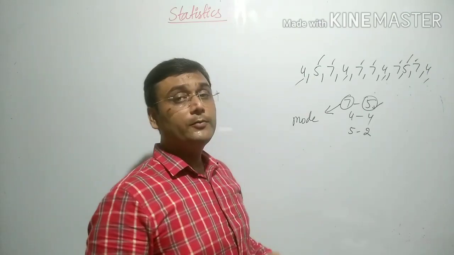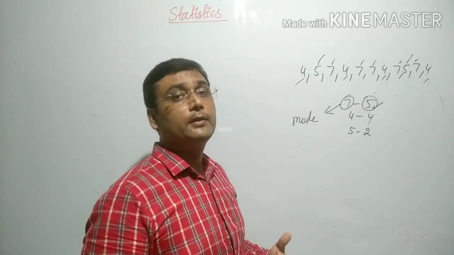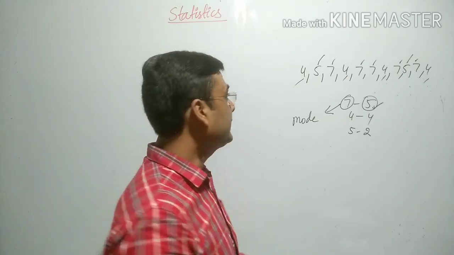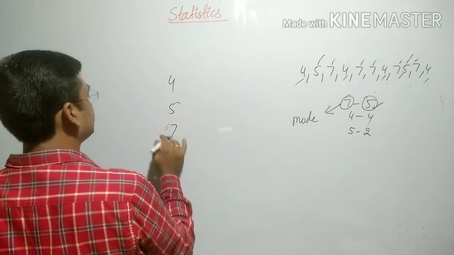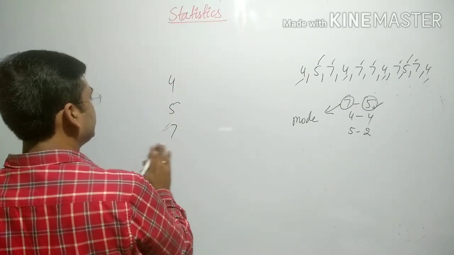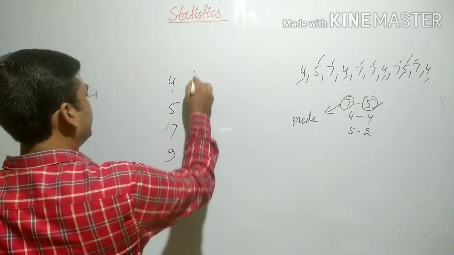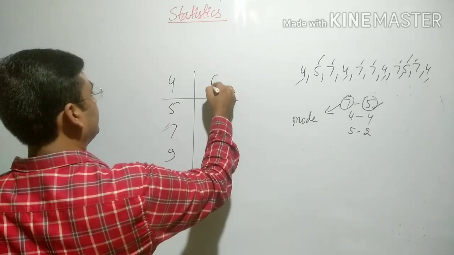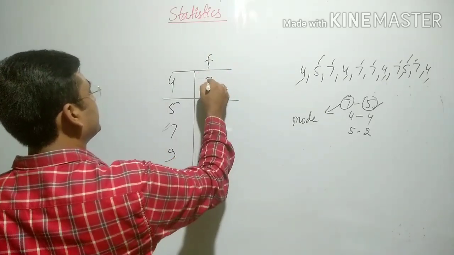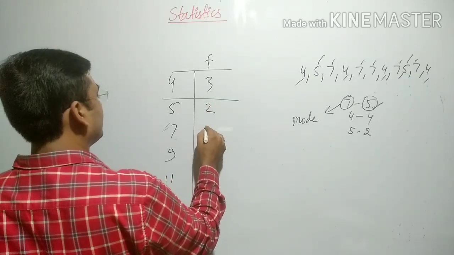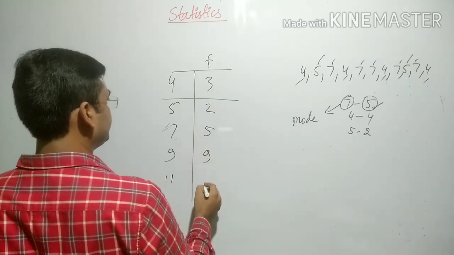Now if data will be given in the form of a table, tabulated data, like data will be given 4, 5, 7, 9, 11, and frequency for this will be given as 3, 2, 5, 9 and 4.